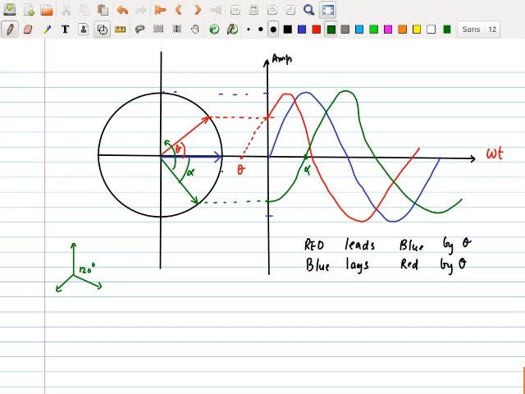Now, if somebody gave you a signal like this and asked you to write a closed form expression for it, if it was the blue one, you would have no trouble. We'll say, for example, this has a maximum magnitude of this value, right? So v of t.